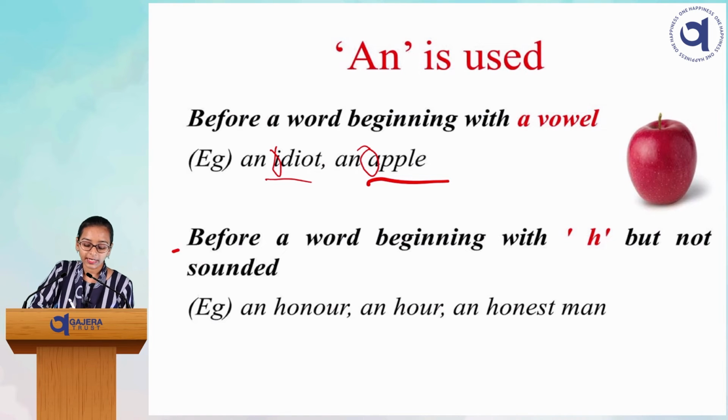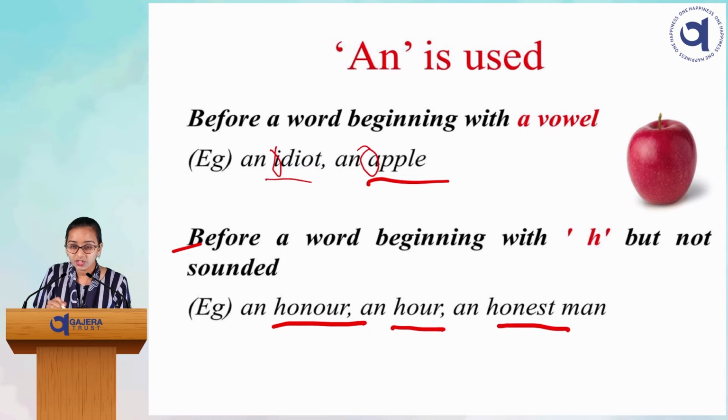The second rule: before a word beginning with H but the H is not sounded. Some words like honor and honest man. Here you can see that the spelling starts with H, but we don't speak the H in honor or honest.